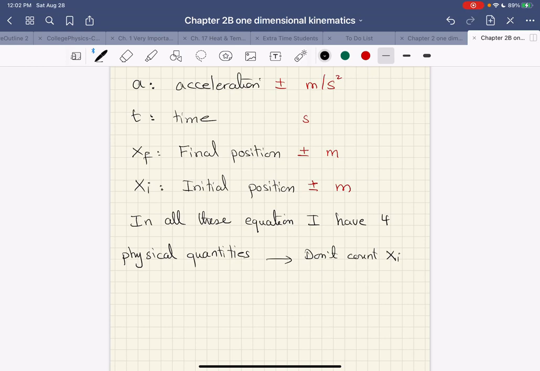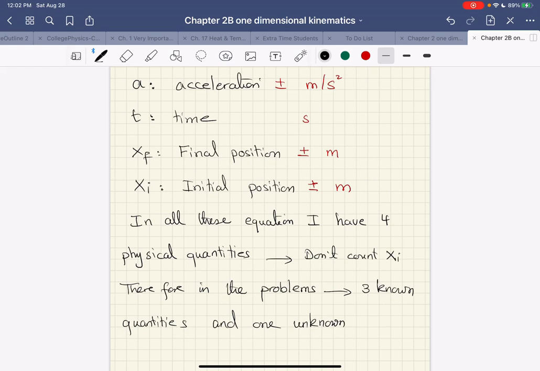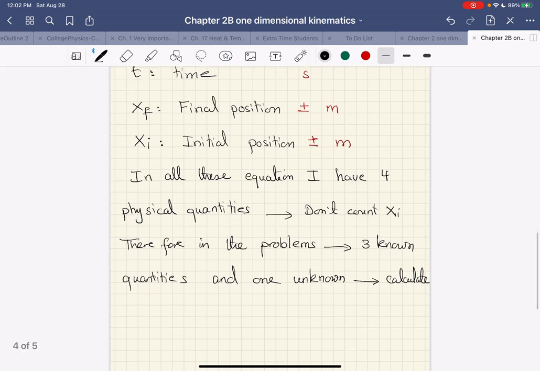Therefore, in the problems you will get 3 known quantities and 1 unknown that you need to calculate. Okay, and I'm going to show you how we are going to do this.